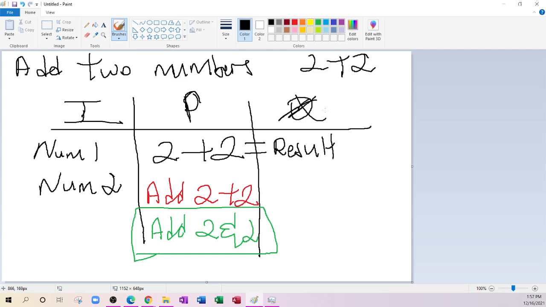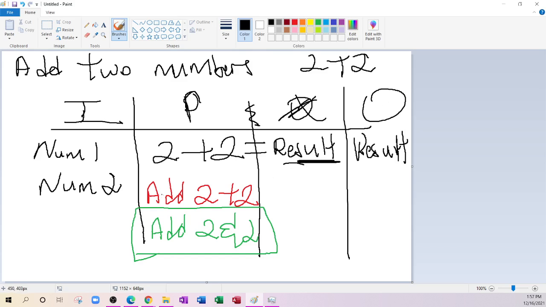So let's ignore this top here and create another column. So this is going to be output now. Over here, they would say output results. But you can say, as mentioned, add 2 plus 2, add 2 and 2, or you can even say add num 1 and num 2, and that could be processing. Once it is clear what is happening on the processing.